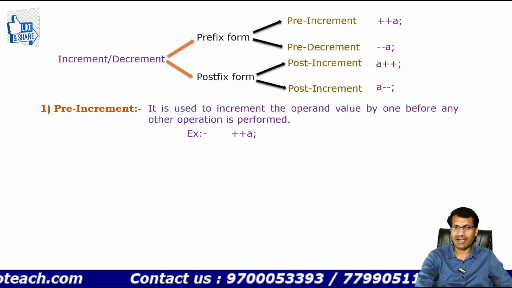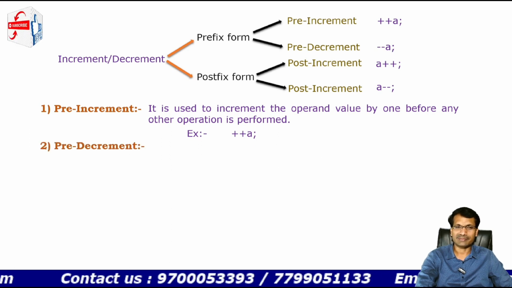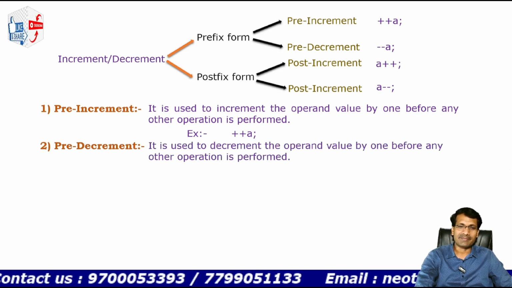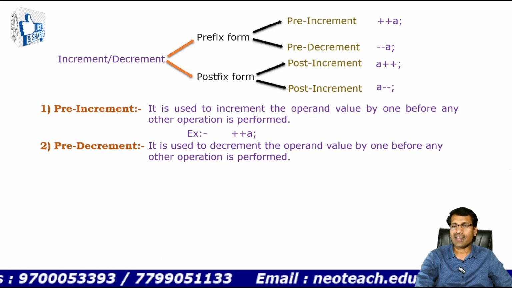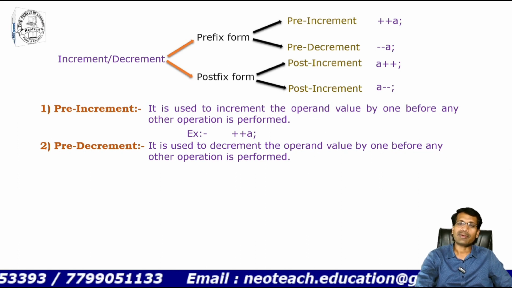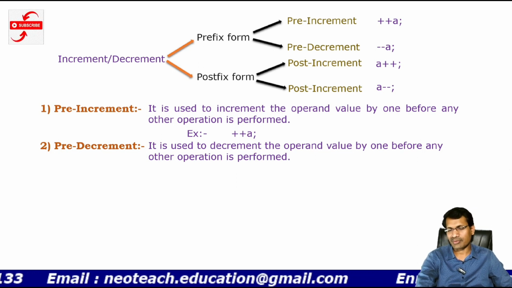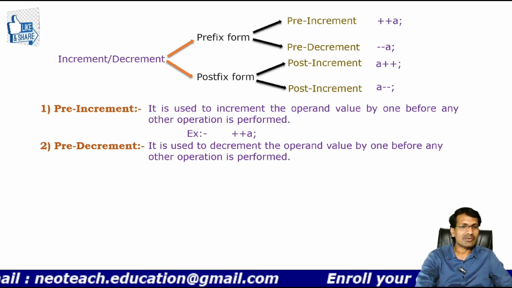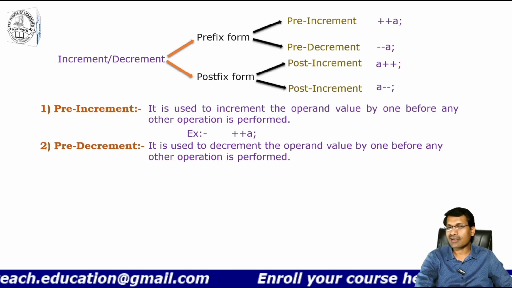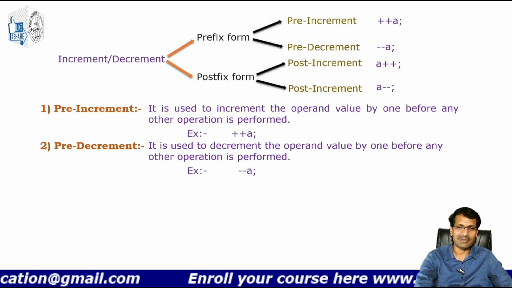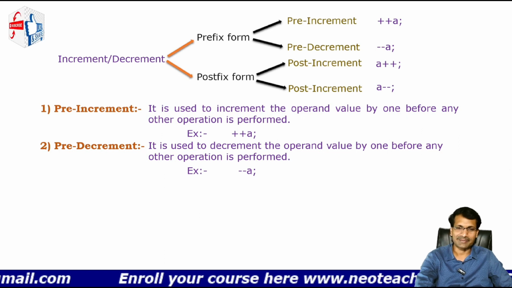Example, incrementation of a. Pre-decrementation is used to decrement the operand value by 1 before any other operation. So whether it is incrementation or decrementation, if it is pre, we should do that first and then perform any other operation. The example is decrementation of a.